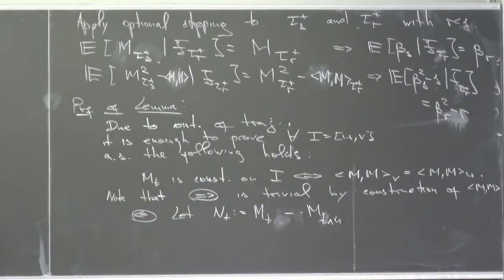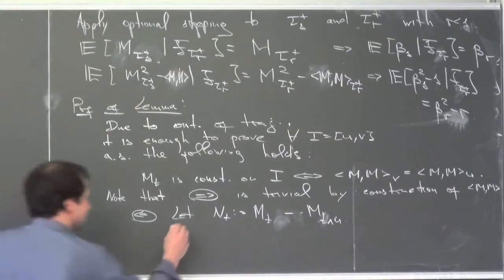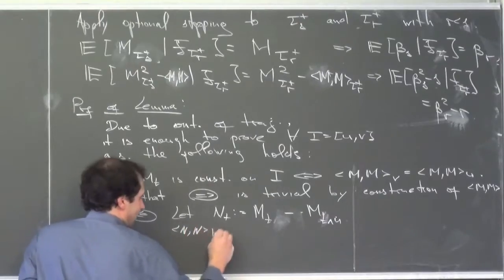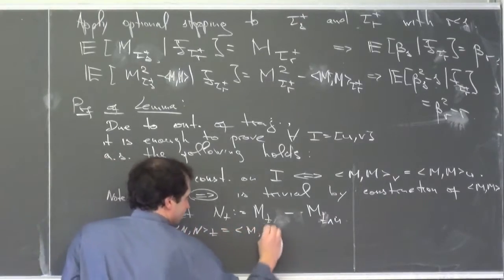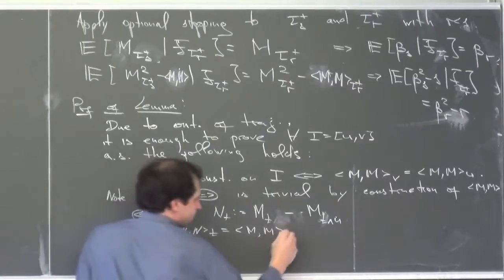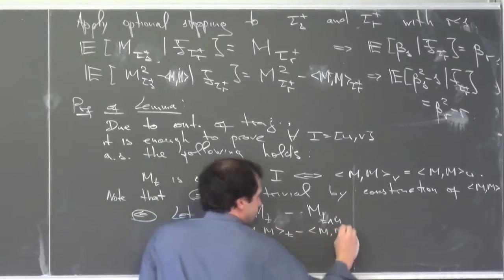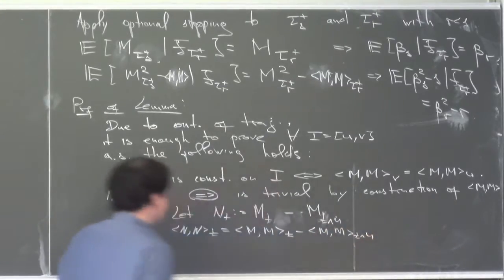And then say, okay, the quadratic variation of this increment of the martingale is the difference of two quadratic variations.